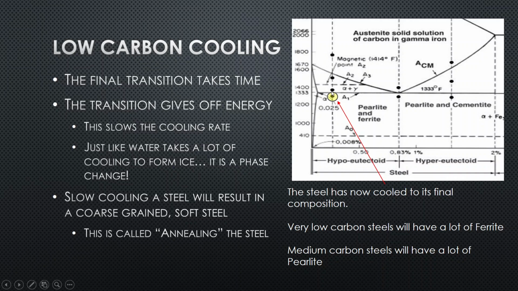Sometimes you actually want to take many, many minutes to hours to pass through this zone and then complete all the cooling right down there. That is called annealing your steel. It will get rid of any heat treatment that you've done before and set it back to its softest state.